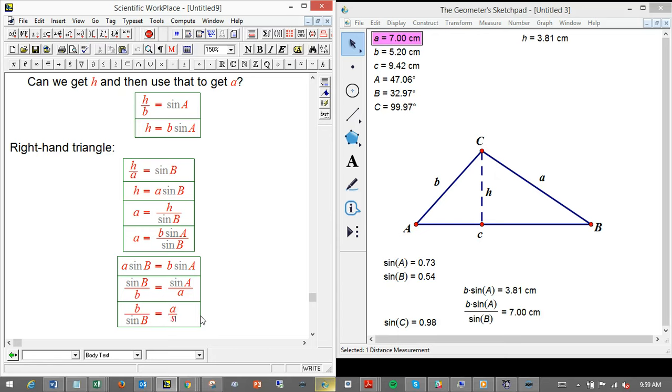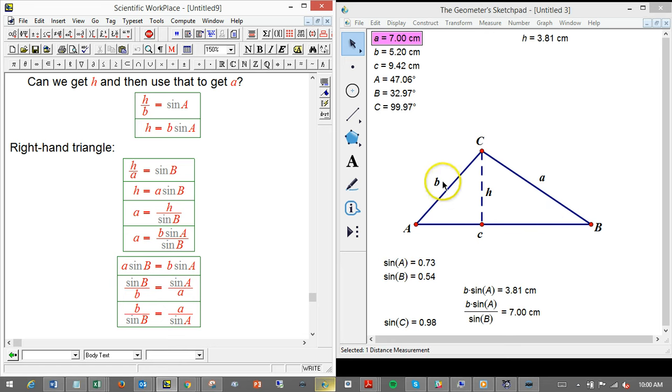Doesn't really matter. Almost any problem you do with law of sines, you're going to have to do some sort of manipulation with the fractions anyway. So you don't want to think one is much better. Now, a couple of things. That's really the essential thing. There wasn't really anything special about the fact that I was using A and B here.